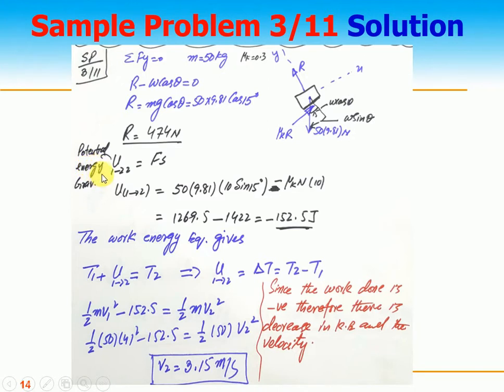So what is the work done? That is the potential energy or work done, U12. It is moving downward, so of course there is a change in the height.